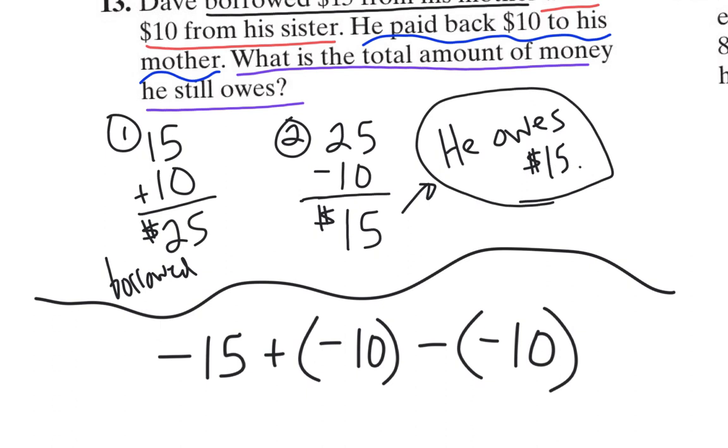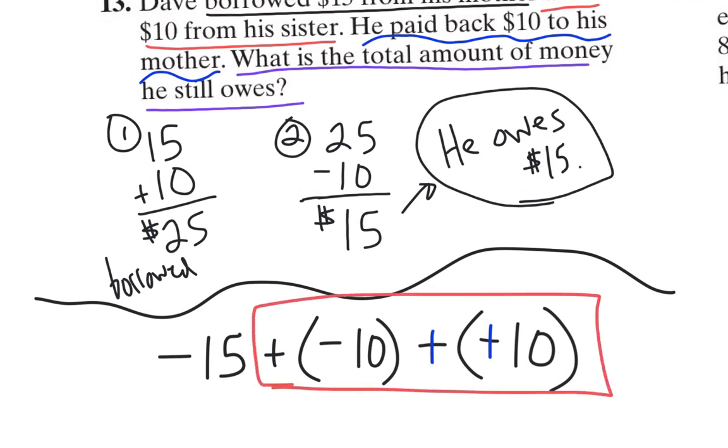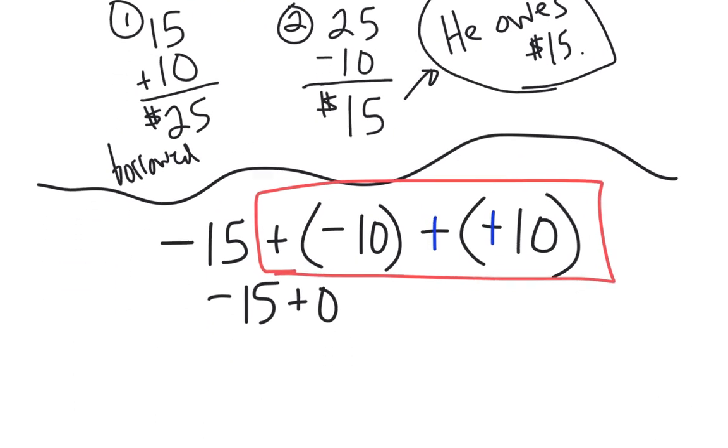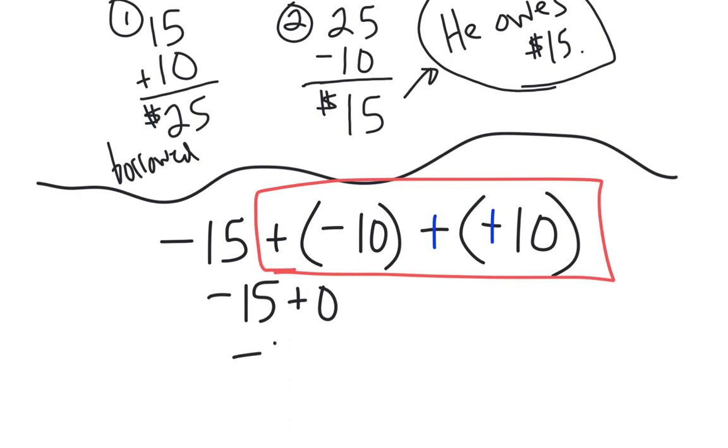And if you do that, we've talked about this before, subtracting, you can add the opposite, make two sign changes. So that would be the same as plus a positive 10. And then at that point, we could see these as opposites. Negative 10 plus 10 is 0. And then negative 15 plus 0 is negative 15. Since it's negative, that represents owing, that he still owes $15.